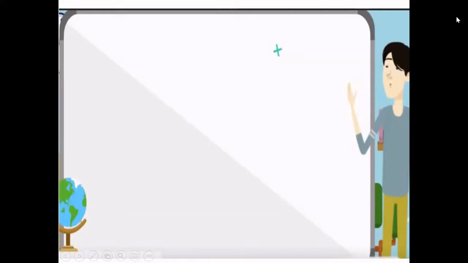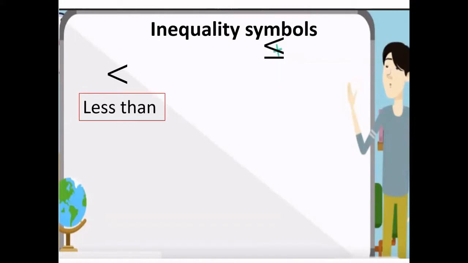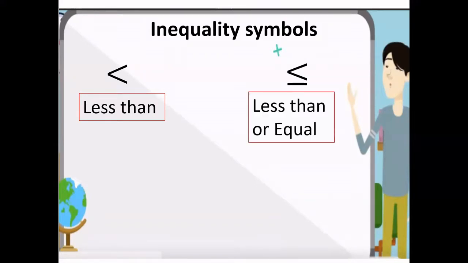Let's get it on. Okay, so let's start with learning some inequality signs. First, we have here less than, so you can also say smaller than. You have smaller than or equal, or less than or equal.